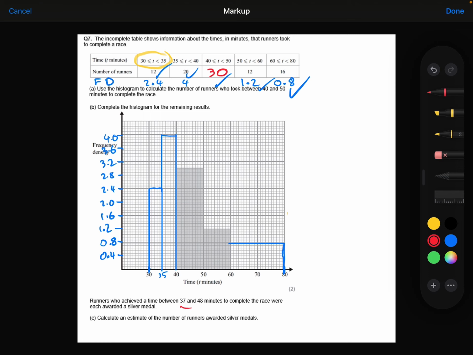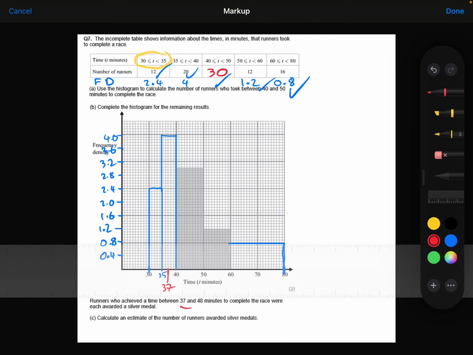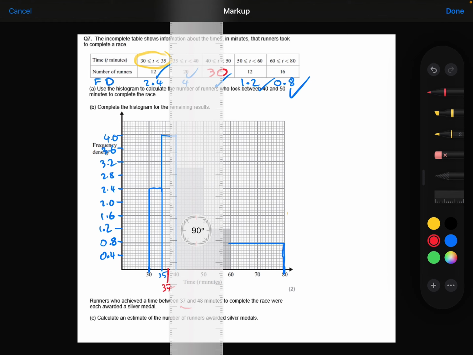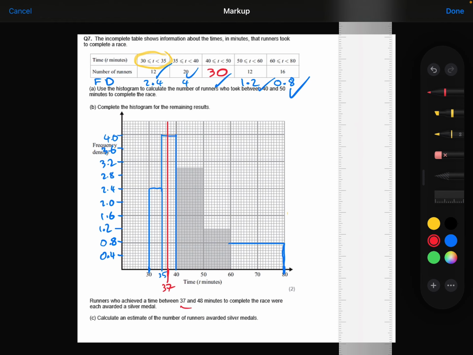So, 37, where's that? That is 37 minutes is here. 48 minutes is here.